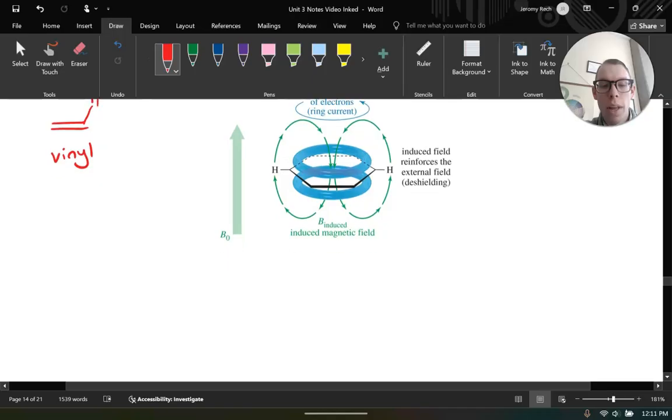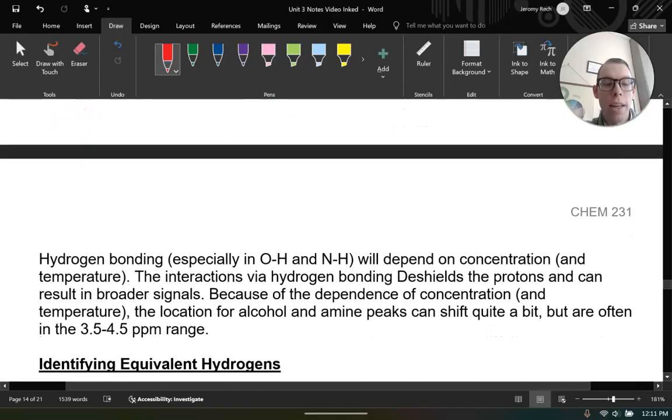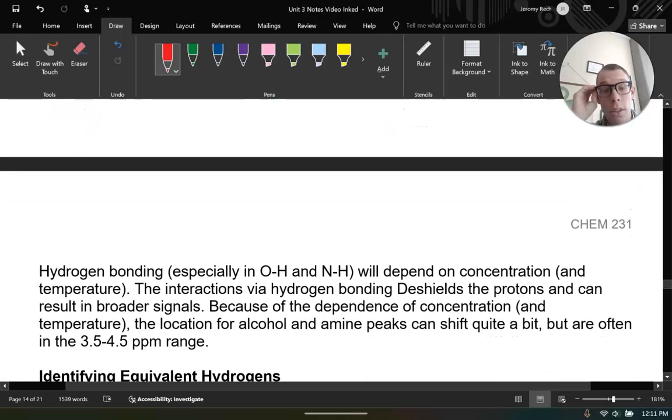The one last thing about locations is hydrogen bonding. For hydrogen bonders, your OH and your NH, the temperature and the concentration will have a huge impact on where they are. You can have a hydrogen bond change its chemical shift based on either the temperature or the concentration.